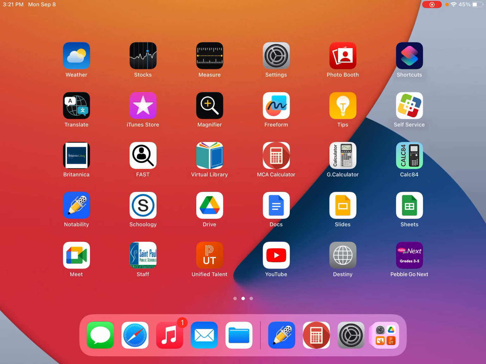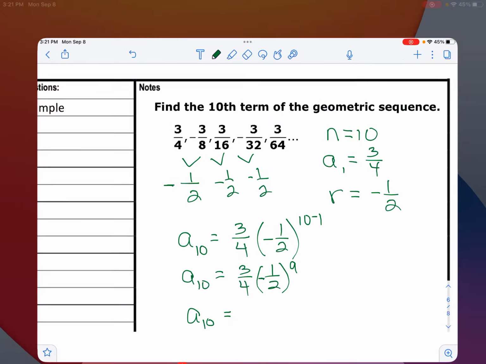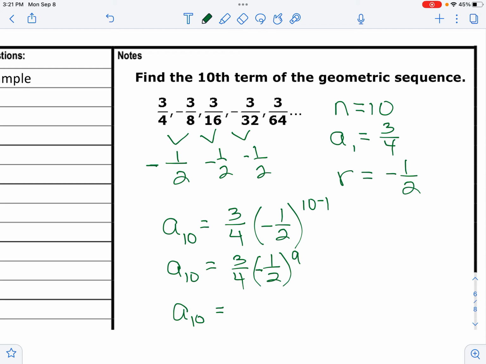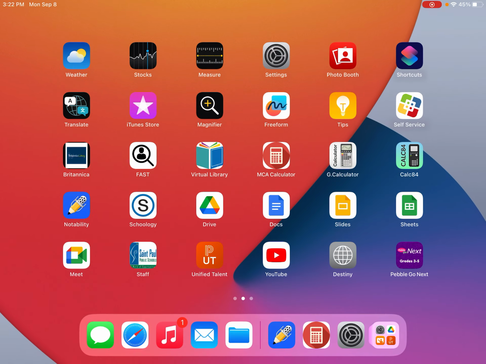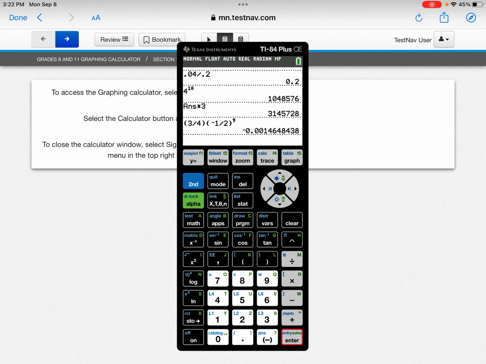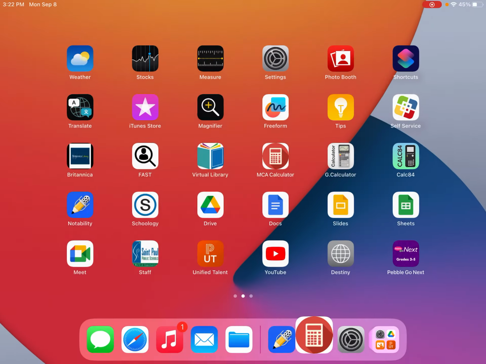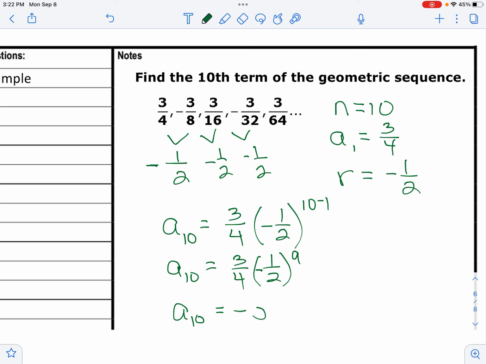Let's go a few decimal places on that. Let's double check. Okay, negative 0.00146. Okay, that's probably good. Rounded. The next number was less than 5, so we'll leave it that way.